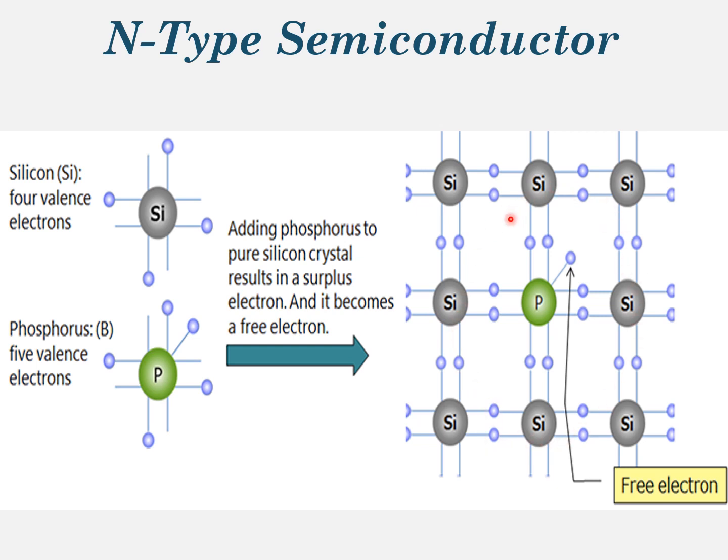As a result, the 5th valence electron of this phosphorus atom becomes free. It becomes a conduction electron. The number of conduction electrons can be carefully controlled by the number of impurity atoms added to the pure silicon.